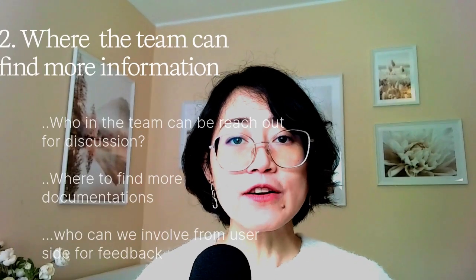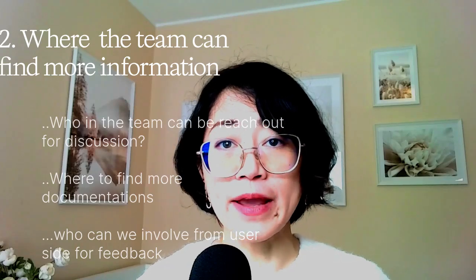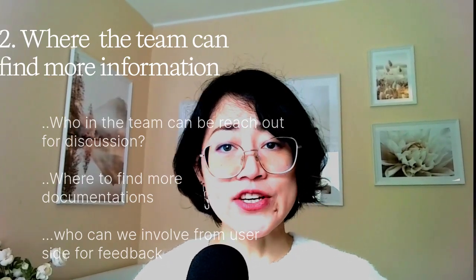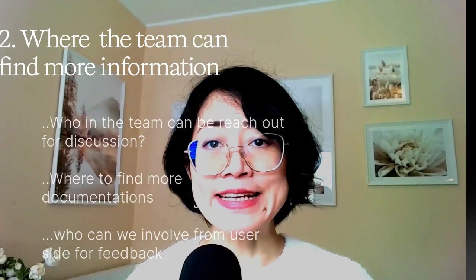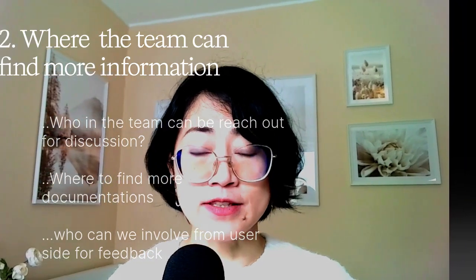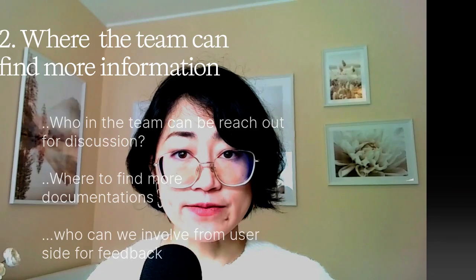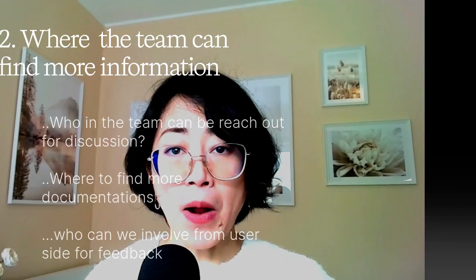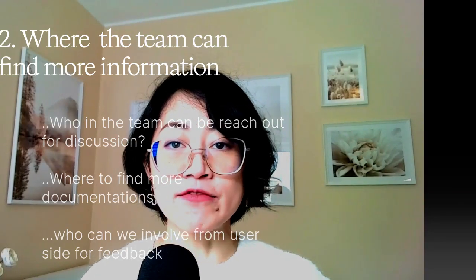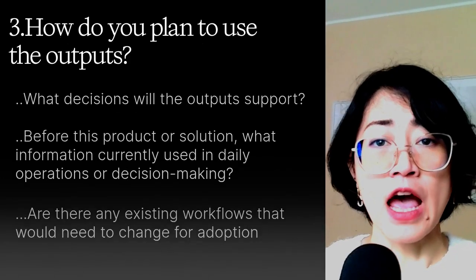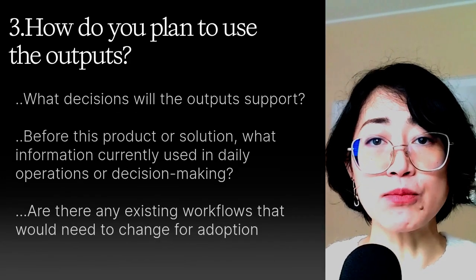Second, where can the team go to find more information if needed, including who the data engineer and data scientist should turn to when they need to discuss data availability or business rules, where they can look for material or documentation, or who from the final user group can be involved in the solution creation process. Third, how do you plan to use the output?